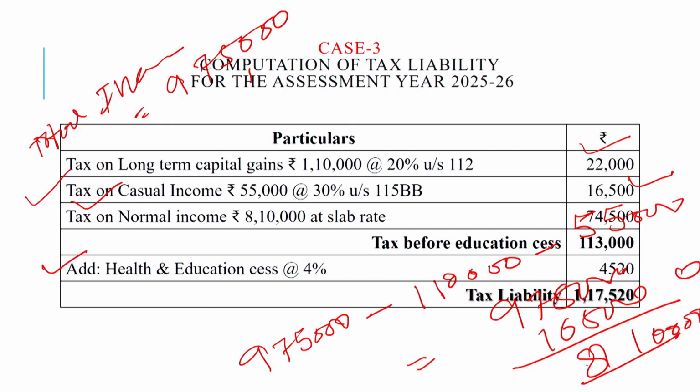So 8,10,000 will be calculated with the slab rate.